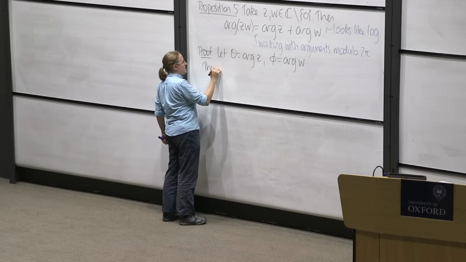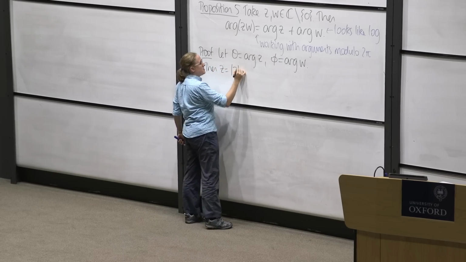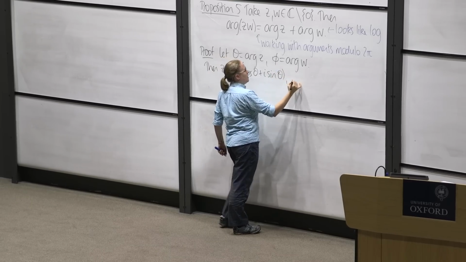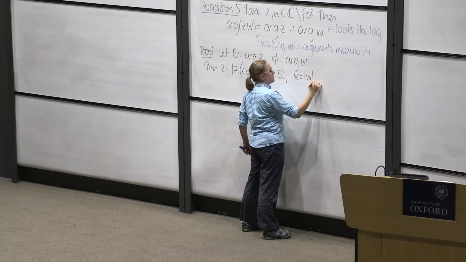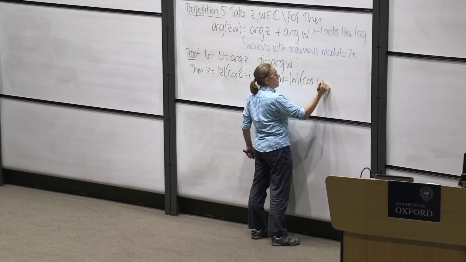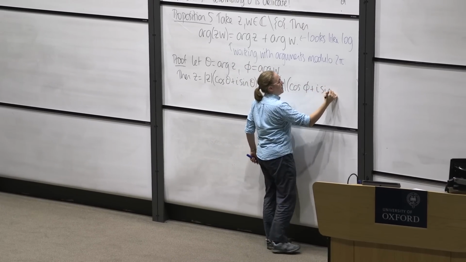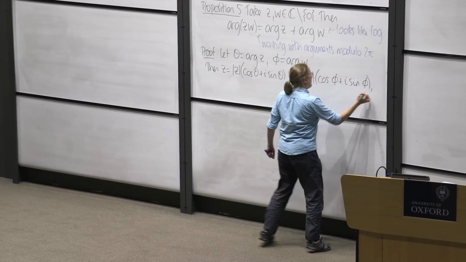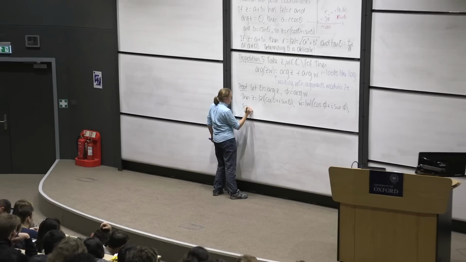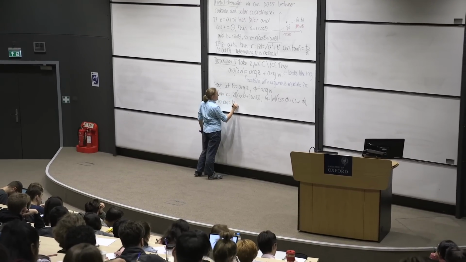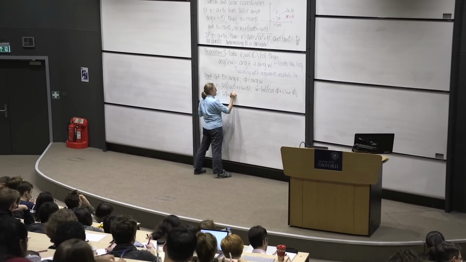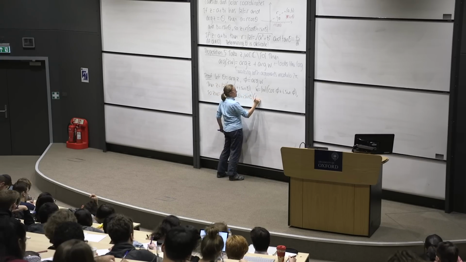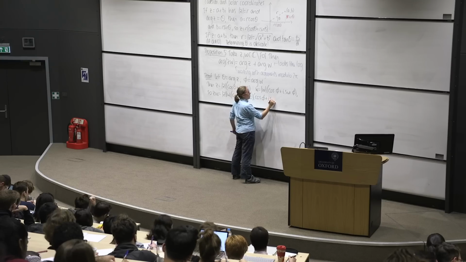So then what we've just said is that z is going to be the modulus of z times (cos theta plus i sine theta), and w is going to be the modulus of w times (cos phi plus i sine phi). So we can just multiply. So zw is the modulus of z times the modulus of w times (cos theta plus i sine theta) times (cos phi plus i sine phi).